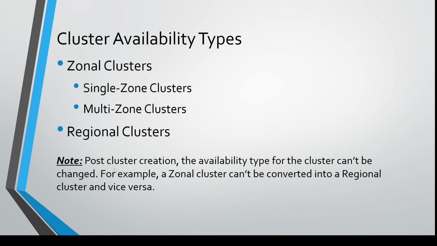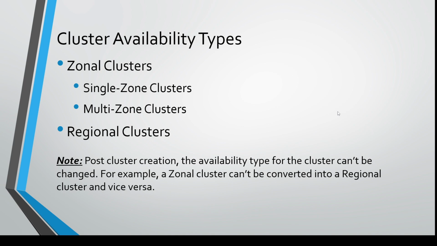One thing to note is that after you create a cluster, whether you create a single zone, multi-zone, or a regional cluster, you can't convert from regional to zonal or zonal to regional, right? So there is no option to convert the cluster type.